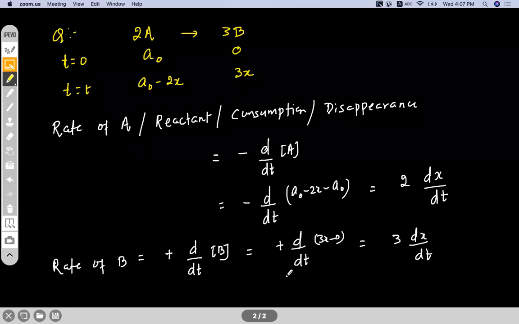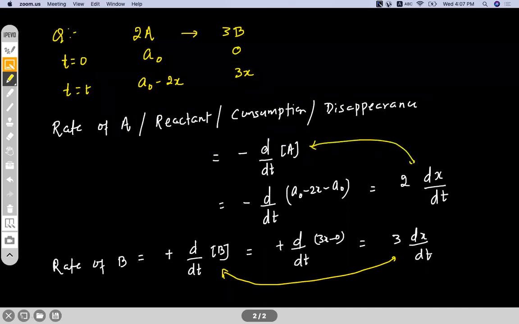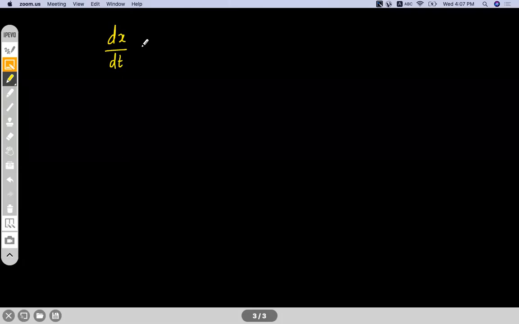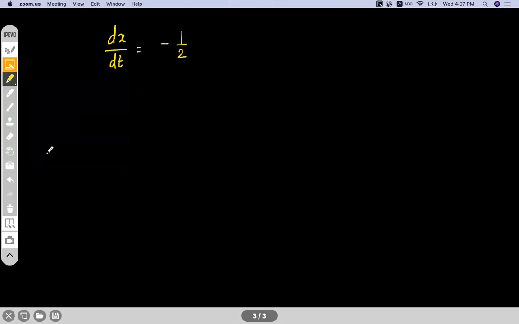So if I equate dx by dt from these two expressions, we get dx by dt equals minus half of d concentration of A by dt.